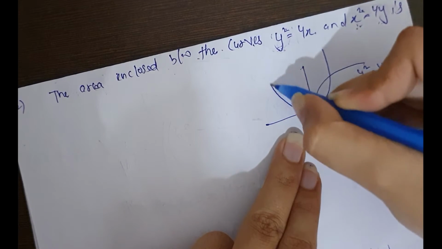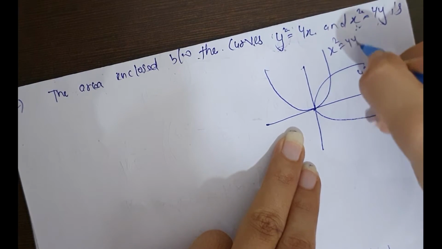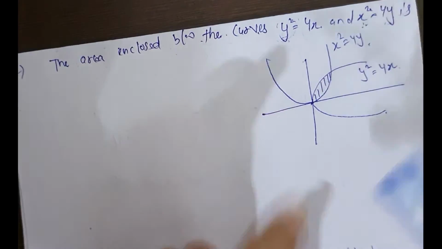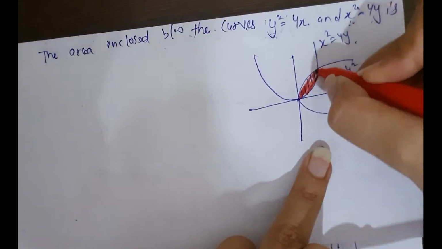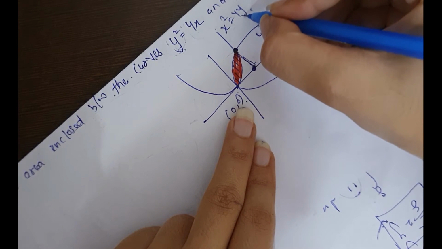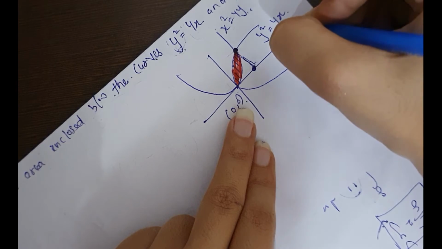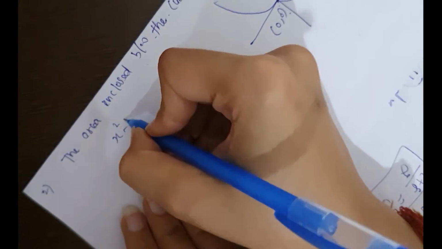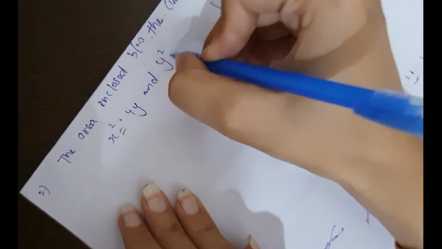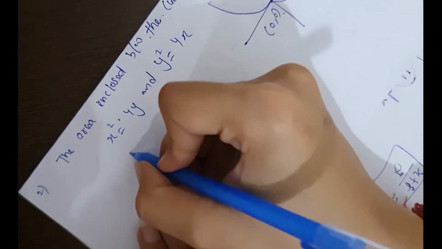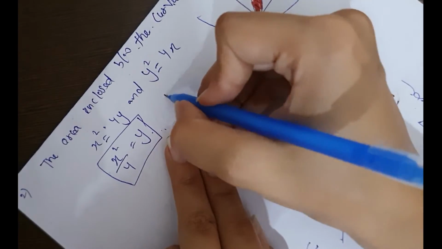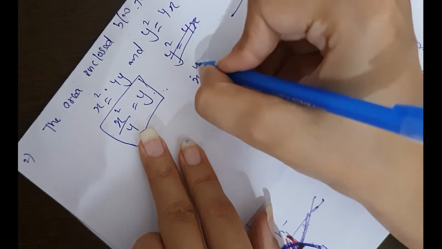Let's make it. This is x square is equal to 4y. So the area enclosed here is this. So we have to find the value of these points. We have to take the value of x or y from one equation and put it in the other equation.